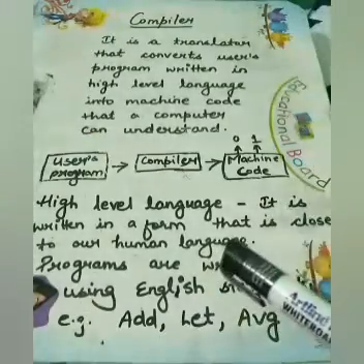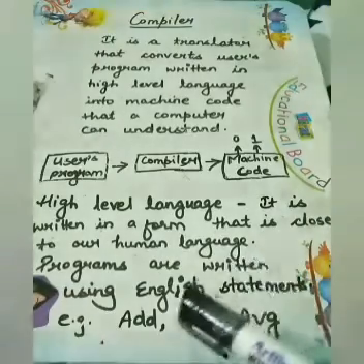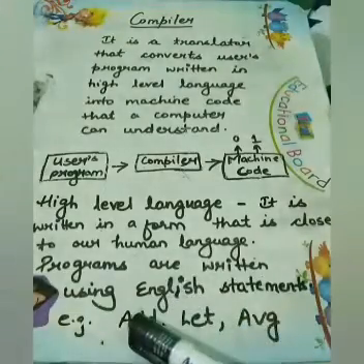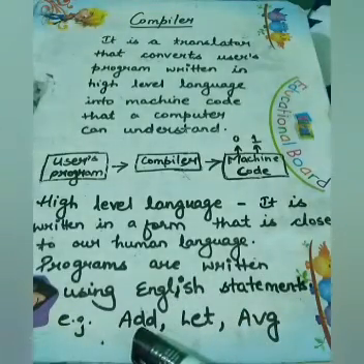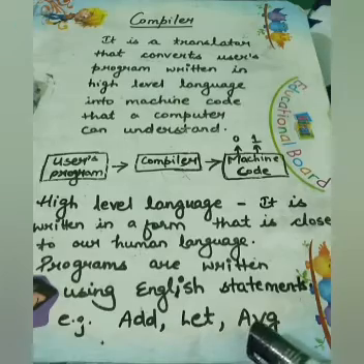That is why humans have developed high-level languages, so that they can write programs in a language they can easily learn. For example, ADD is used for addition. LET, AVG means average. So short forms are used for writing the programs.